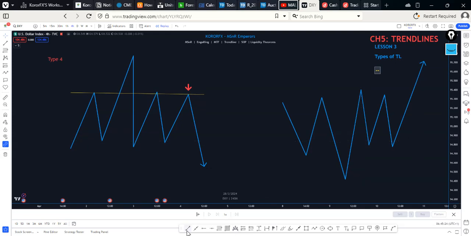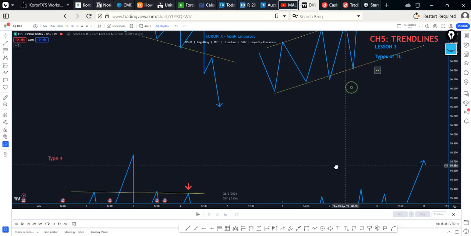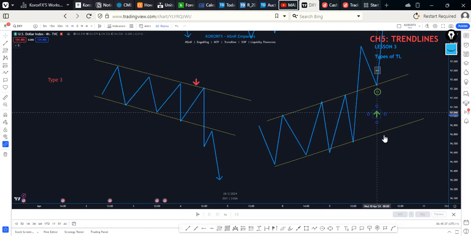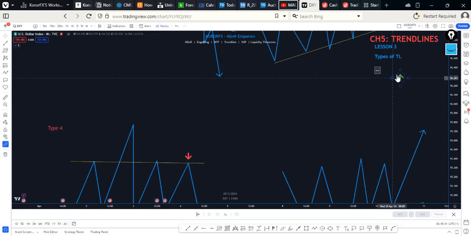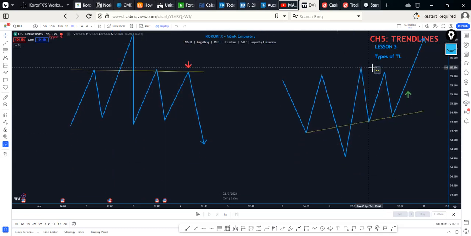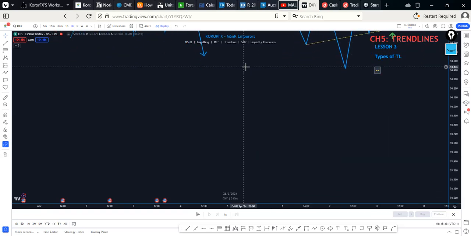So when you see something like this, this is called the QM. All right, the QM. So our entry is the last point. The last point will be our entry level. So you can understand the QM.